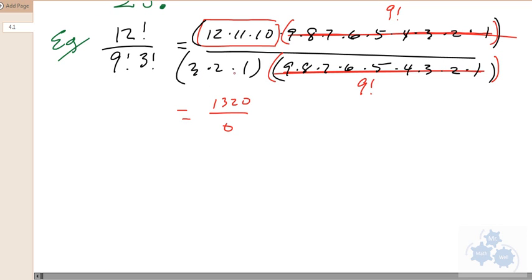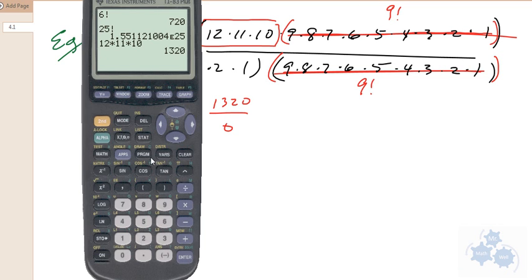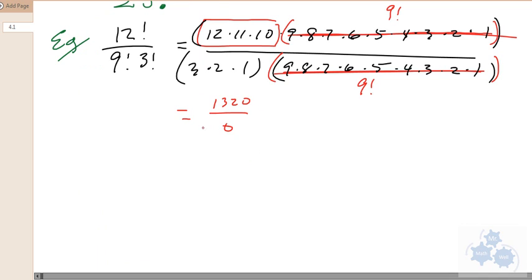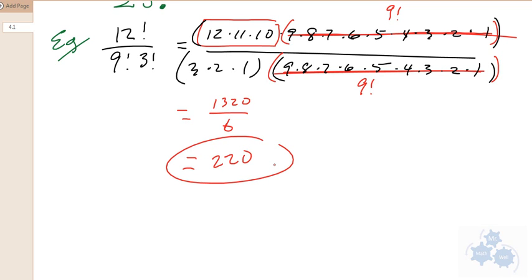If you have to do this on your calculator, I'm afraid that is bad. You will be punished severely for that one. But anyway, so you got 220. So that makes sense. Now, everyone get that? Everyone see how you can sort of simplify this and use the properties of what this actually means?